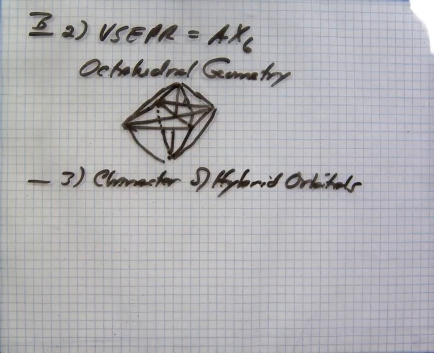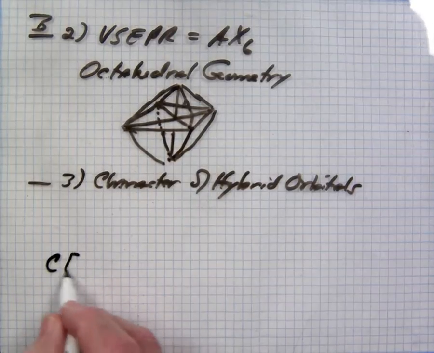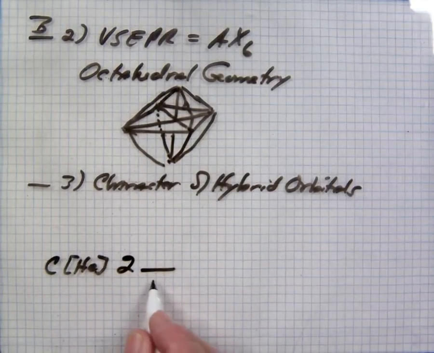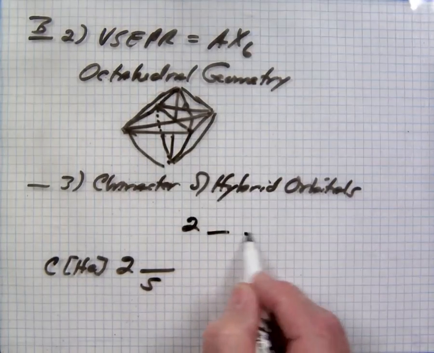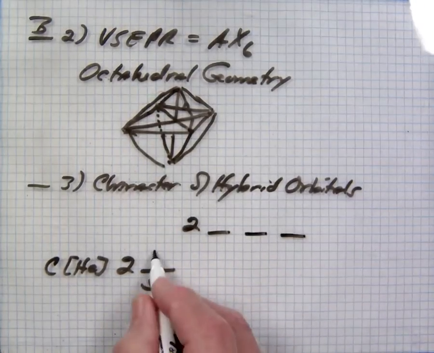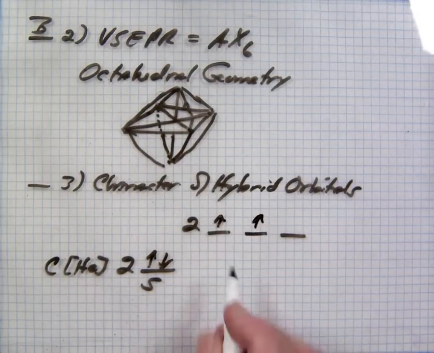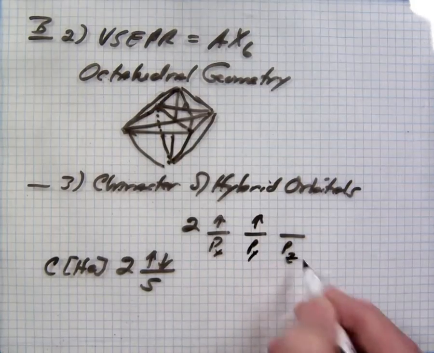If you don't remember me doing this, take carbon for example, has a helium core. In the second energy level, it has an s orbital, and the p orbitals are at a higher energy level. In the ground state, carbon looks like this. That's px, py, and pz.